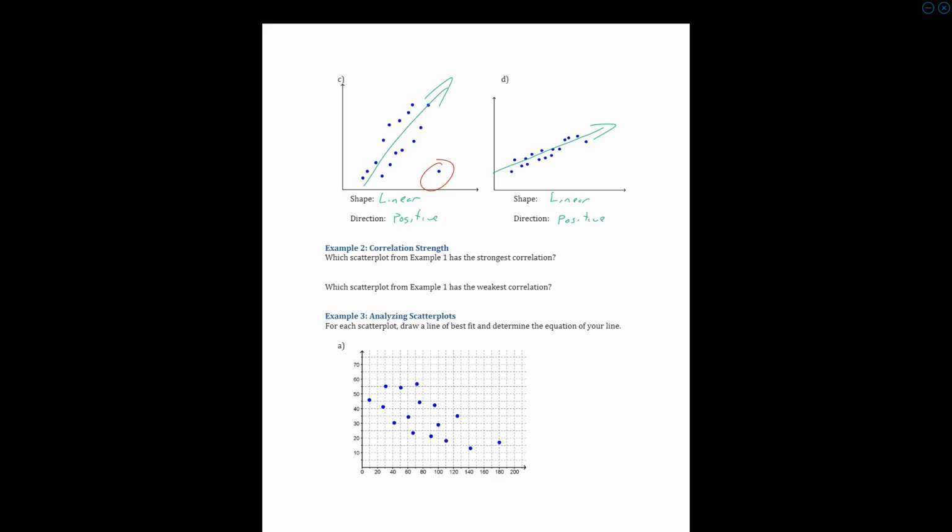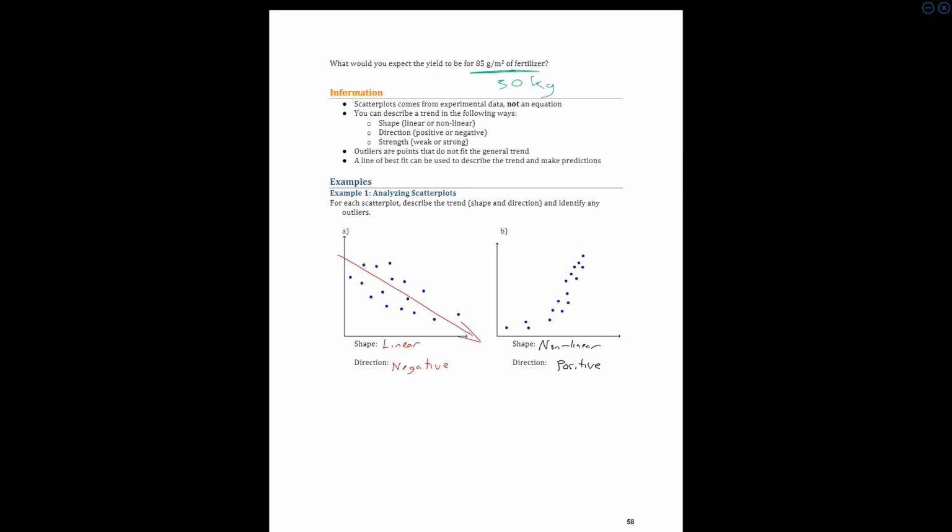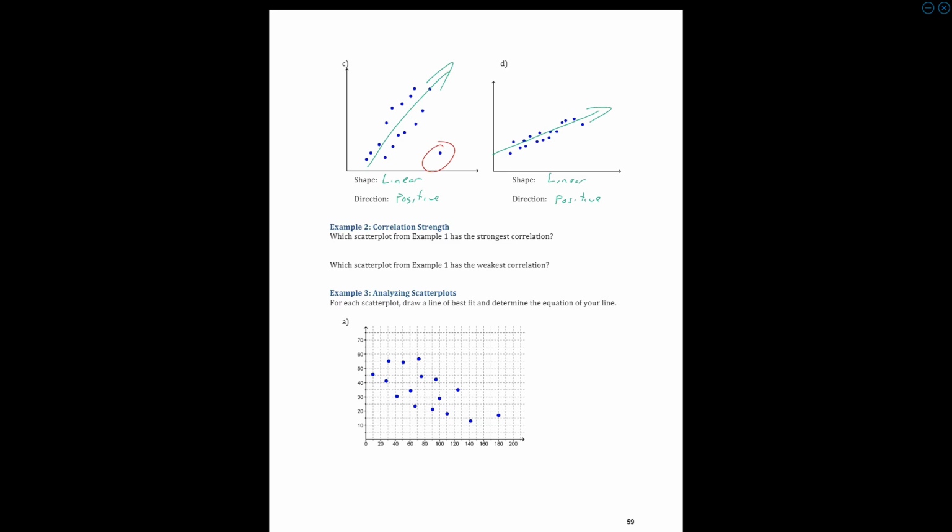Now, what do you guys think, for example 2? Which one has a stronger correlation strength here? In between A, B, C, and D, which one seems to be the most strongly correlated? Yeah, I think so too. Now, why do we think D? What makes us think that's the most correlated?